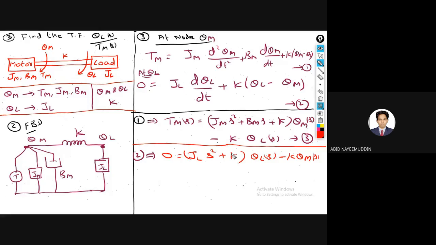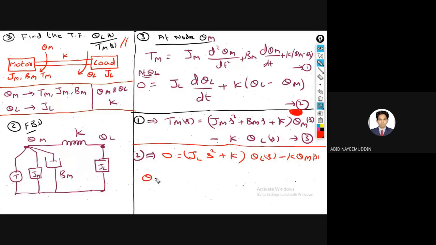Further, in this problem he has asked you to find theta l by Tm. Now if you observe this expression, Tm is already there. On the right side, theta l is available in the negative part and theta m is the unknown variable. So you need to eliminate this theta m. To eliminate it, I am sending this theta m to the left hand side.